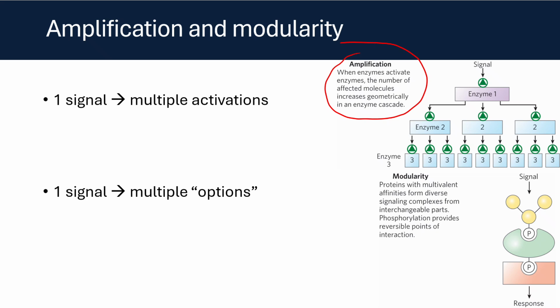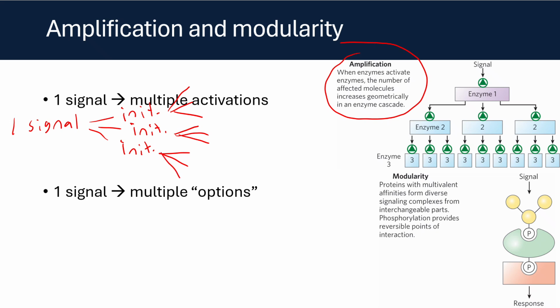So the key takeaways are: one signal activates many initiators, and each initiator activates many executioners.